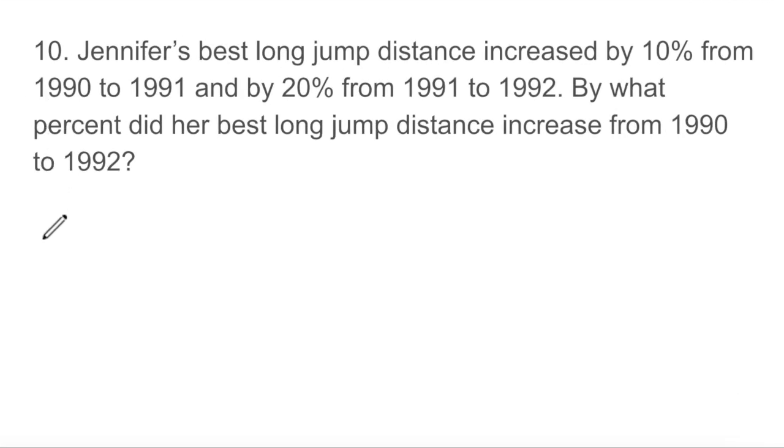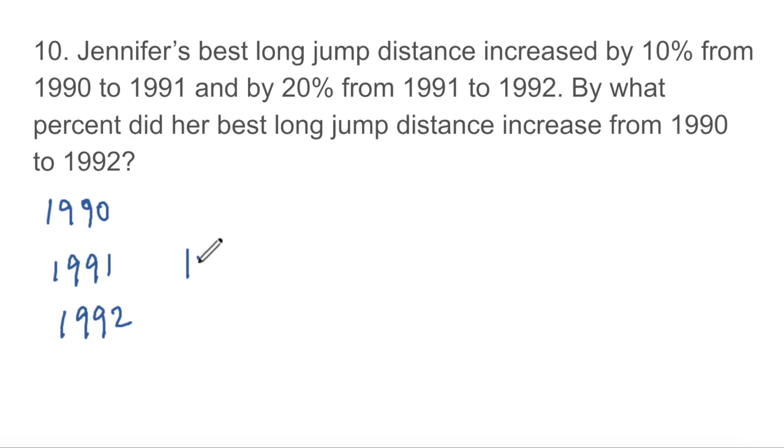Jennifer's best long jump distance increased by 10% from 1990 to 1991 and by 20% from 1991 to 1992. By what percent did her best long jump distance increase from 1990 to 1992? So we have 3 years here. We have a 1990, 1991, and 1992.